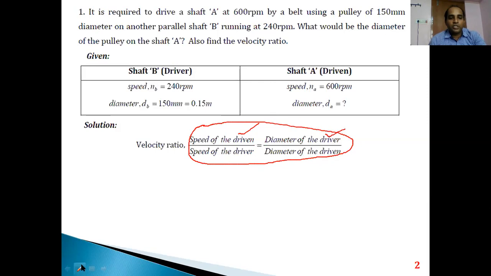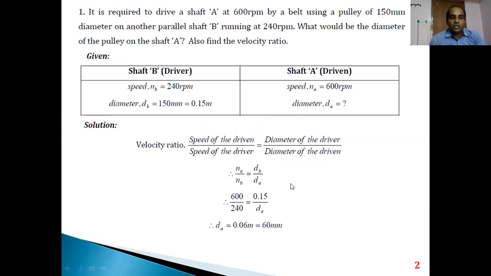This ratio you need to remember correctly, then only it becomes very easy to analyze the things. Now next, the speed of the driven over the driver is NA by NB, which is equal to the diameter of the driver, dB, divided by dA.